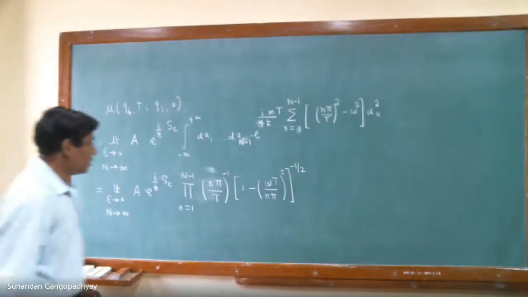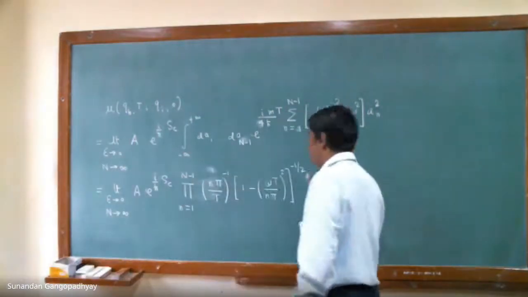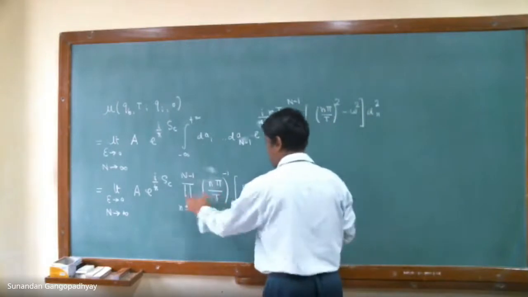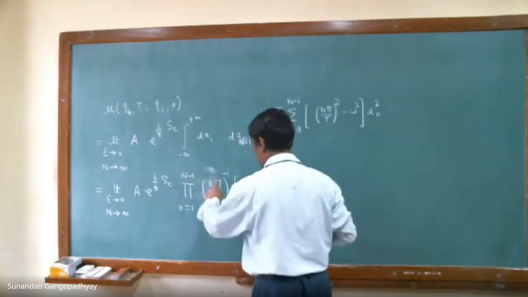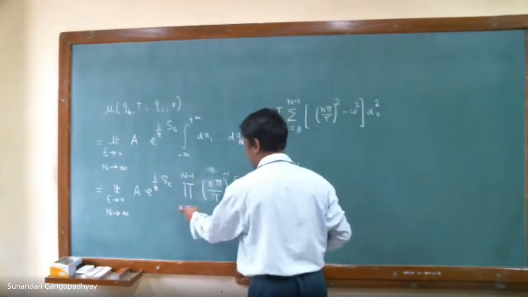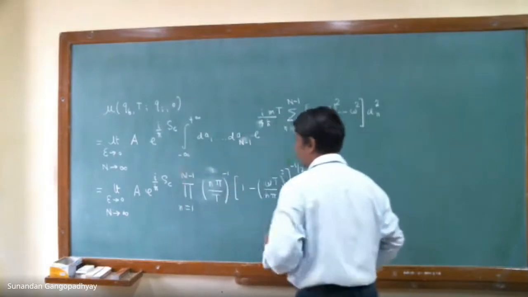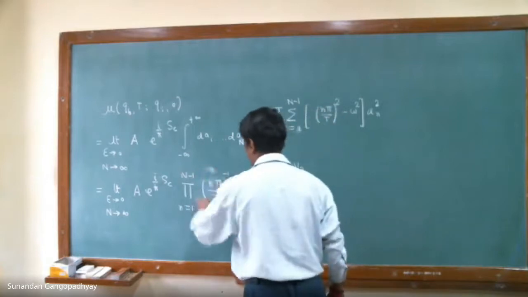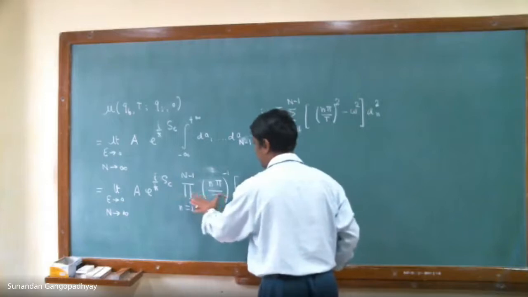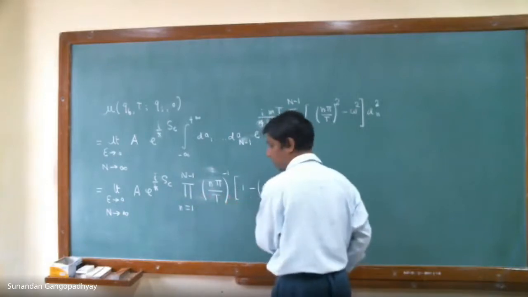Now what you can do is, this is a product of this part multiplied by this, from n equals 1 to N minus 1. So you can just separate this term out. You can write this full thing as a product of this multiplied by the product of this.